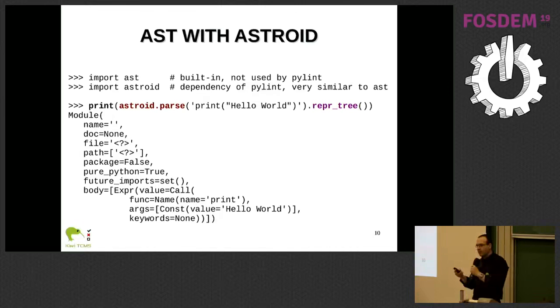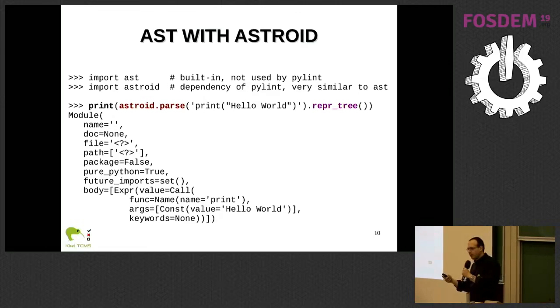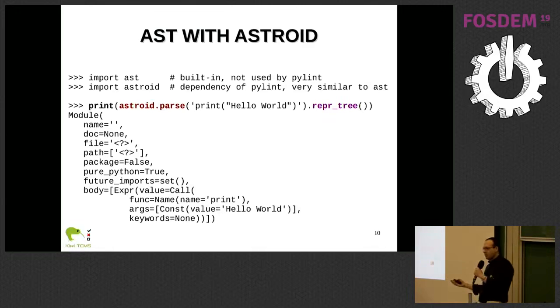And we have a single expression in this list, which is a call to a function with the name print. This function receives arguments, which is again a list, and we have only one argument, which is a string constant in this example, and we don't have any keyword arguments. So again, you can experiment in the interactive interpreter, or you can create a small script and see how different pieces of code look to ast.